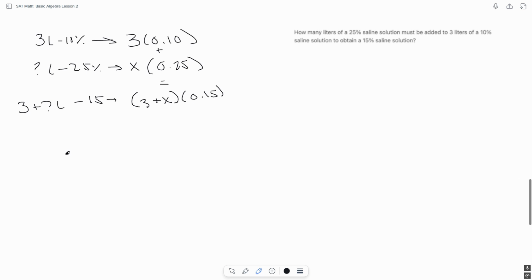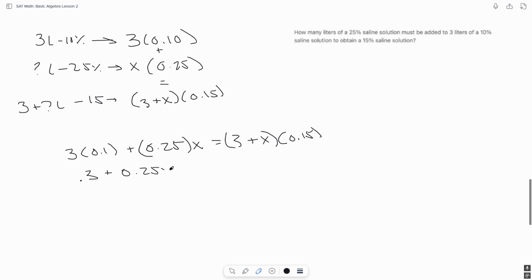So if we write this out, we have 3 times 0.1 plus 0.25x equals 3 plus x times 0.15, right? So this is going to be 0.3 plus 0.25x is going to equal, and now you have to distribute, so this is going to be 0.45 plus 0.15x.